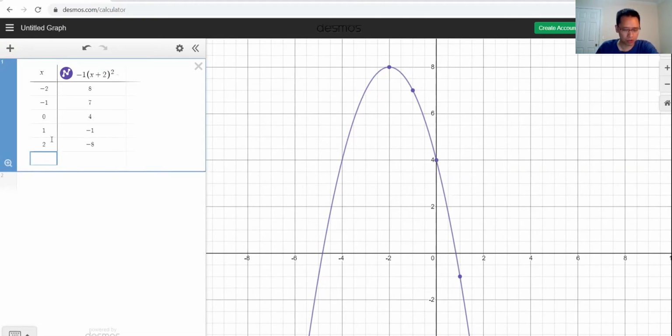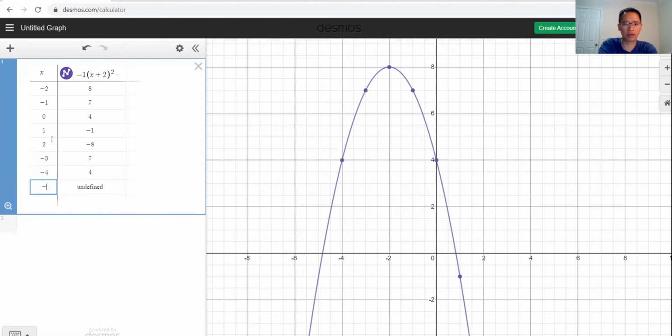So I'm going to finish off what I have here. So I have -2, 8. I'm going to choose -3. That -3 will give me 7. If I plug in -4, it'll give me a y value of 4. If I plug in -5, it'll give me a y value of -1. Okay, so I'm going to copy all this down.